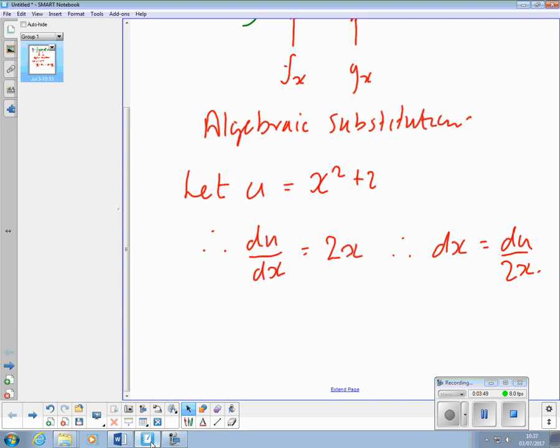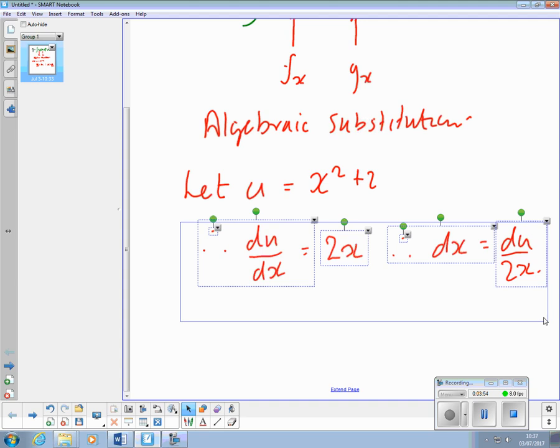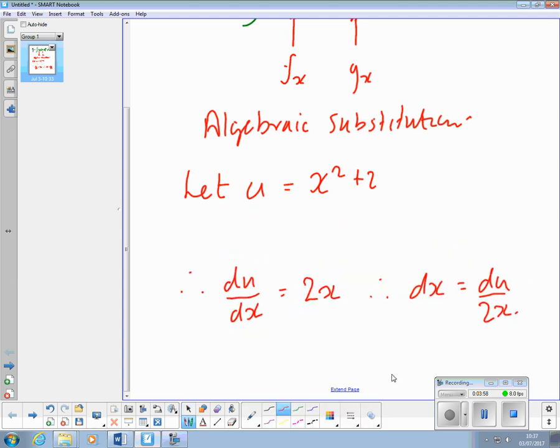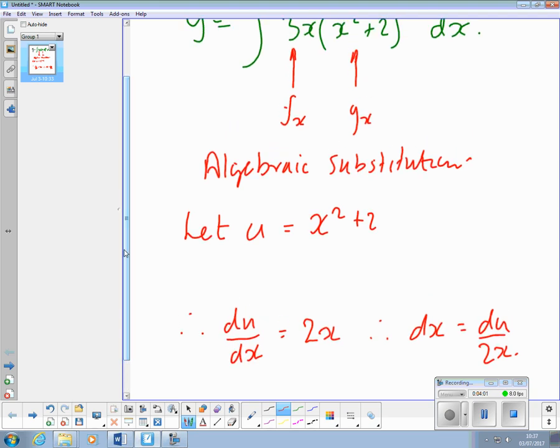There's a step in here we could have put in. Just let me do this. If we let u equal x squared plus 2, then y is equal to the integral of 3x u to the 4 dx.